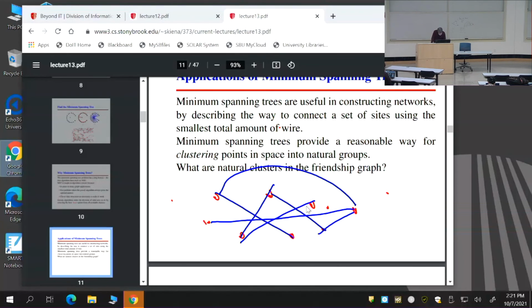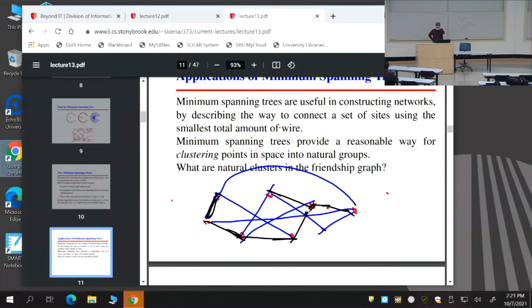It would prefer to find a nice, cheap way to connect all the houses. Maybe something like this, okay? And so there you would want to find a way to connect all the different sites, so that you use the minimum amount of wire.